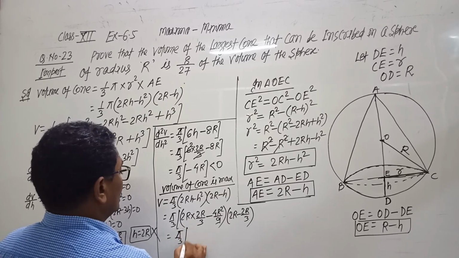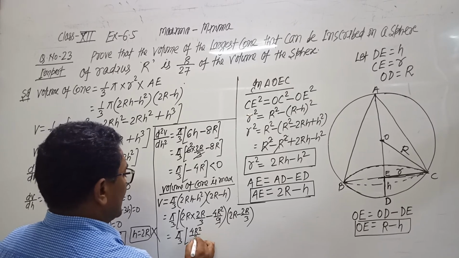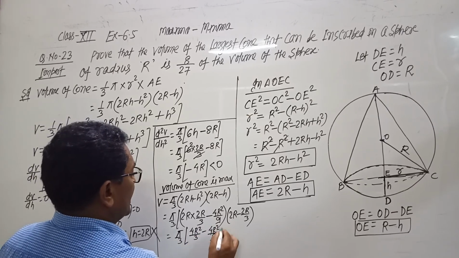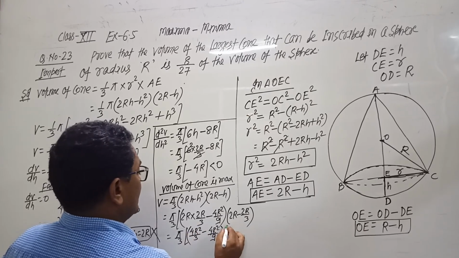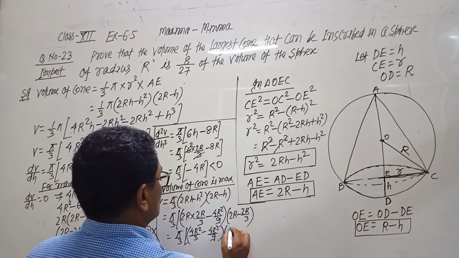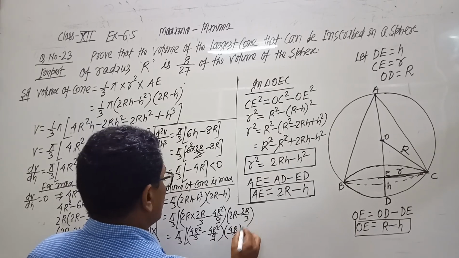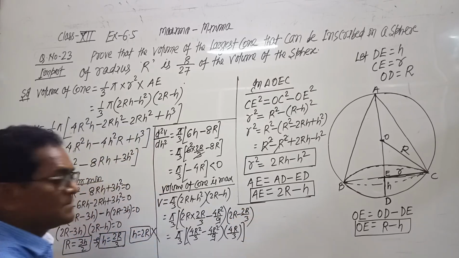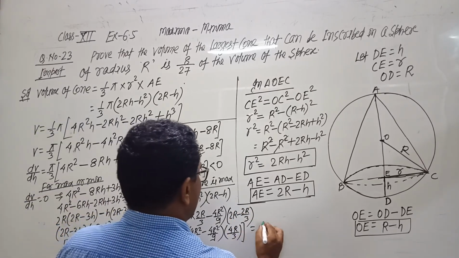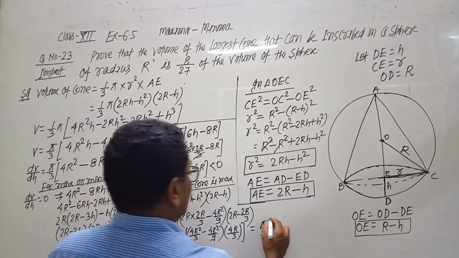Now we solve this expression. Pi by 3, this is 4r square by 3 minus 4r square by 9, and 3 into 2 is 6r, 6r minus 2r is 4r by 3. So pi by 3, LCM is taken.